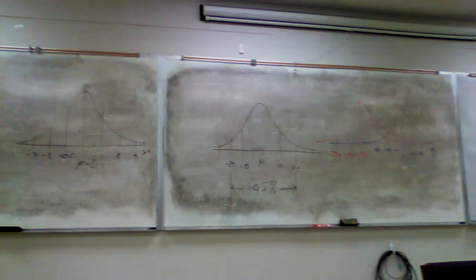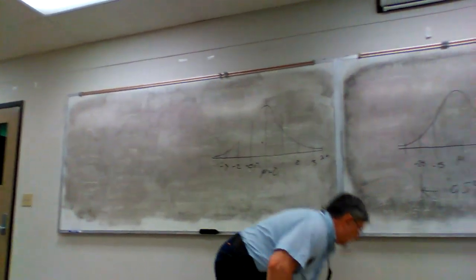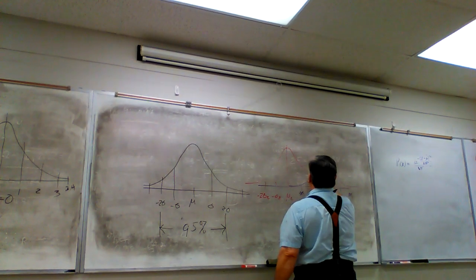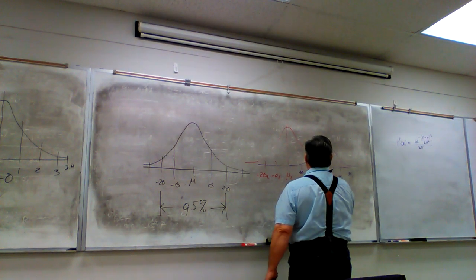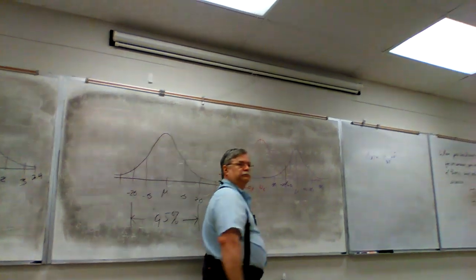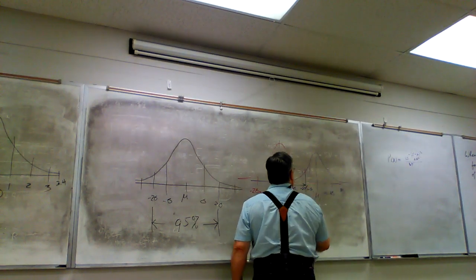You might turn to the back of your book so you can follow. Oh, you did. Good. Let's say we want to know in this distribution everything from this x on, and everything from that x to here.